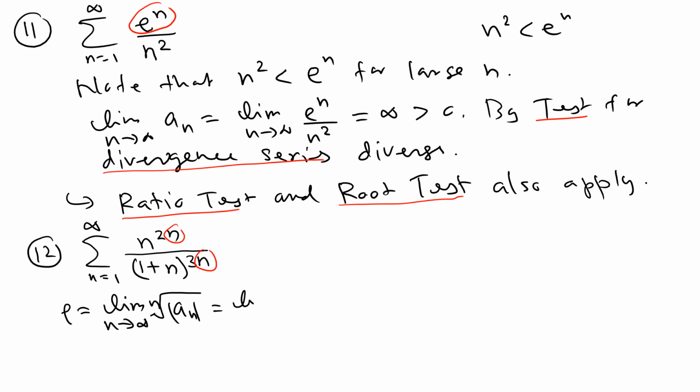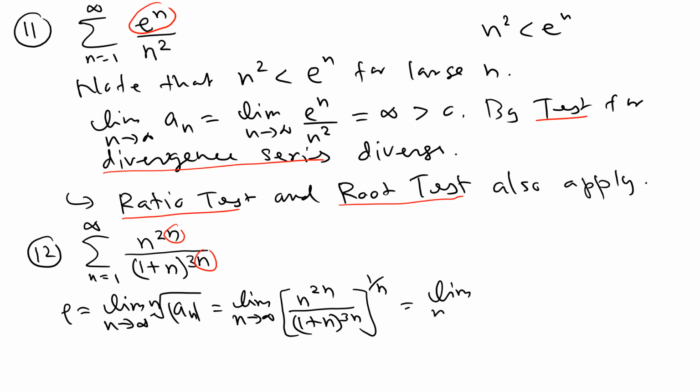So this is the limit as n goes to infinity of n to the n over 1 plus n to the 3n, all to the 1 over n. Then you can bring the 1 over n inside. You don't need the absolute sign because these are positive terms.